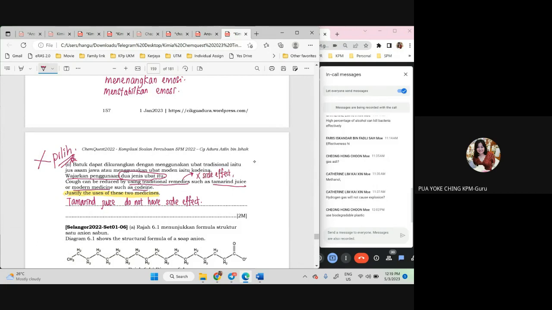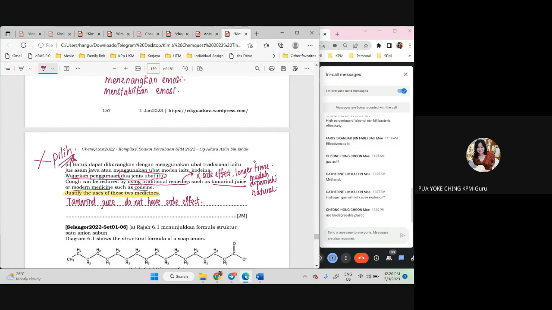Tetapi dia memerlukan masa yang lama untuk sembuh. It take a longer time. Dan dia mudah diperolehi. Easier to get, and it's made from natural substance. Dia semula jadi.